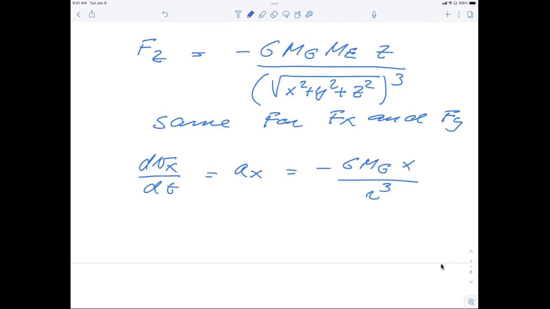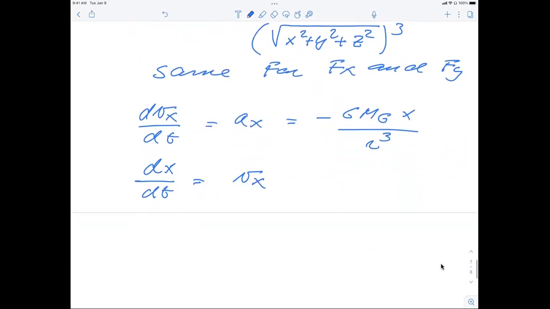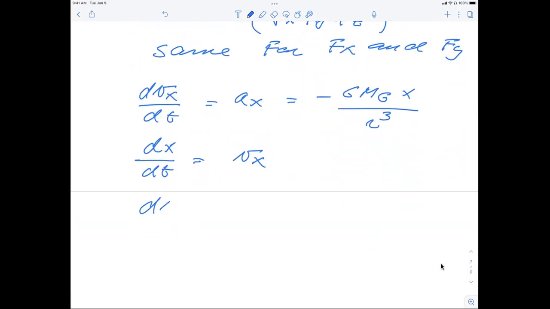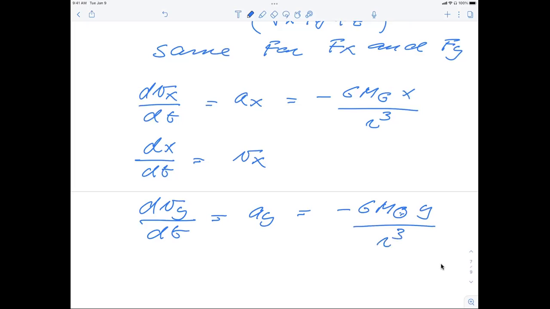Then we had a differential equation dx/dt, which is given by vx. Similarly, we had dvy/dt, the acceleration in the y direction, which is minus G m_sun times y divided by r cubed, and then dy/dt equal to vy.